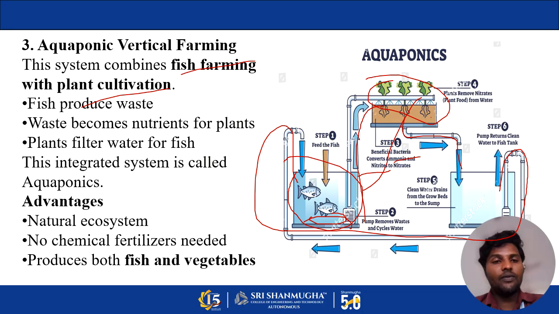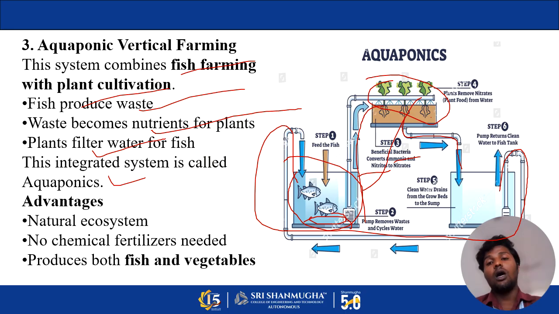Here the waste produced by the fish becomes the nutrients for the plants, and the plants filter the water for the fish. This integrated system is called aquaponics. The advantage of this ecosystem is that it is a natural ecosystem, not like hydroponics and aeroponics, where we make everything artificial for the plant.